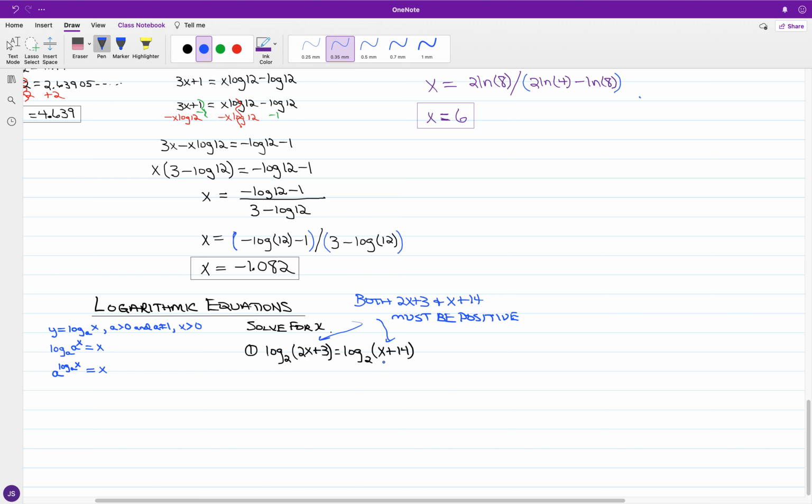Now both of these terms have the same logarithmic base, and so you can go ahead and set the attachments equal to each other. So here we're going to have 2x plus 3 is equal to x plus 14.